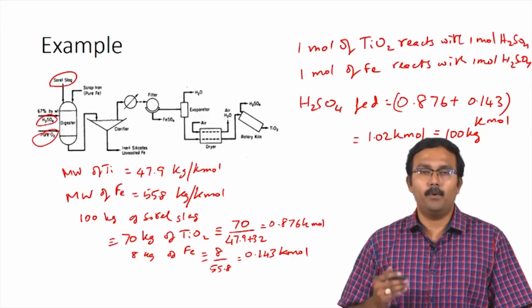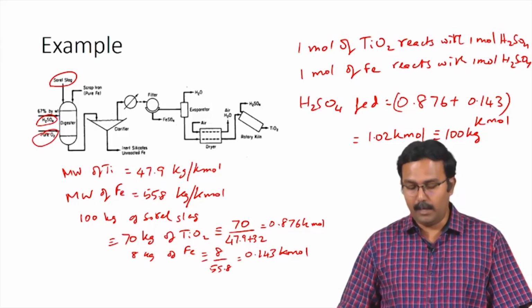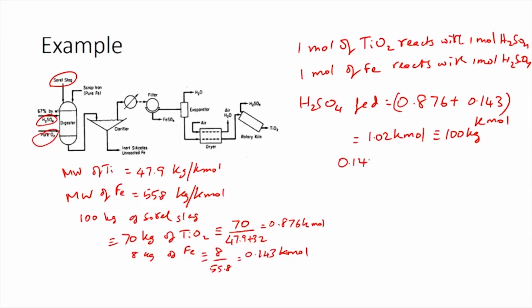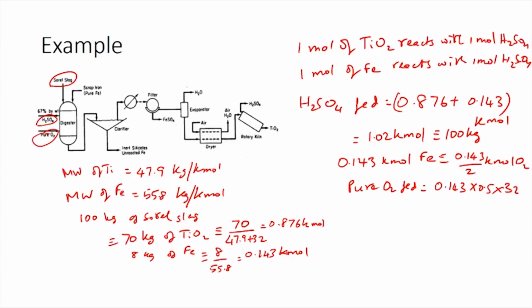So, 0.143 kilomoles of iron will require 0.143 divided by 2 kilomoles of oxygen. So, pure oxygen fed would be equal to 0.143 times 0.5 times 32, which is 2.29 kilograms.